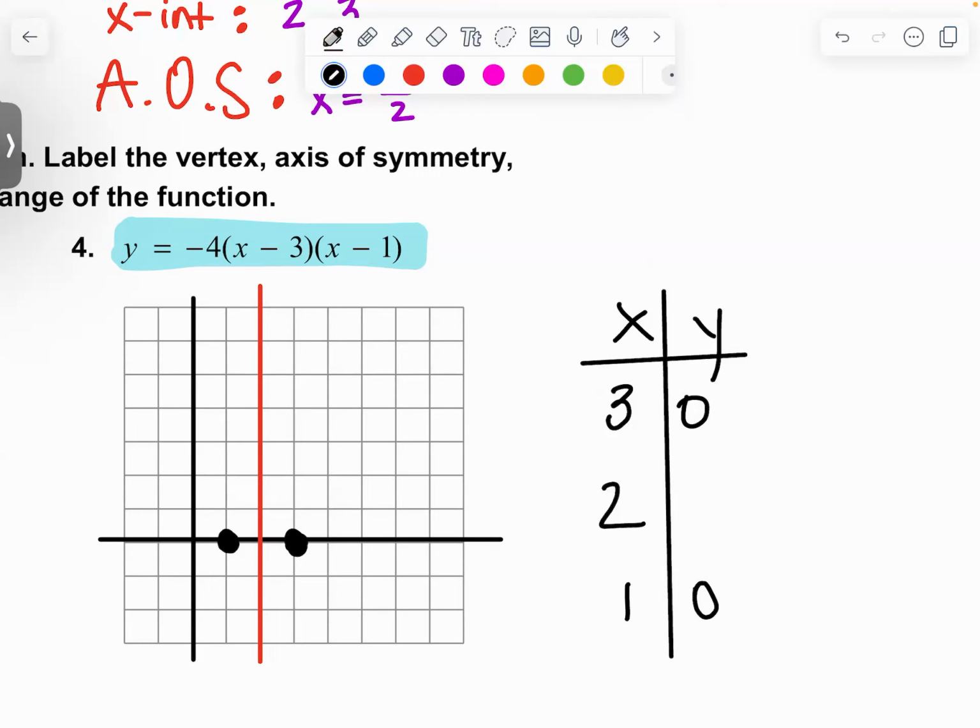I'm going to give you and your partner 45 seconds to figure out what the Y value is for X equals 2.